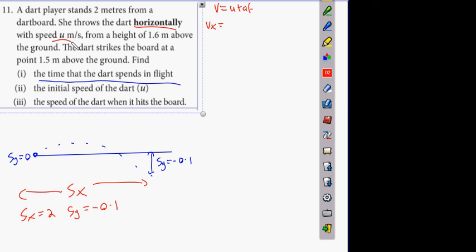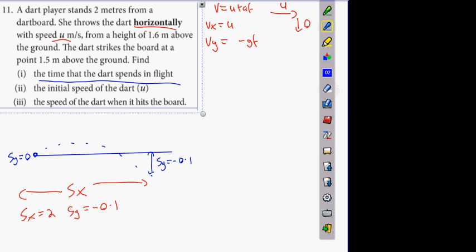So vx equals u, and it has no acceleration, so that's grand. vy: the initial velocity along y is 0, because you throw straight across. There's no upward or downward motion. So the u value will be 0, minus gt, because gravity is dragging it downwards. So vy equals minus gt.